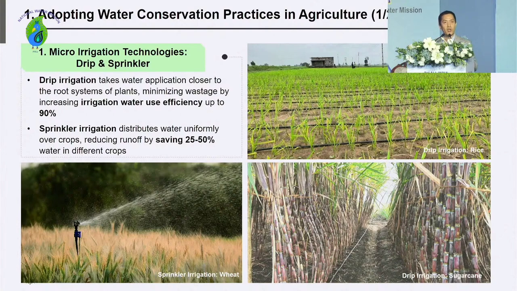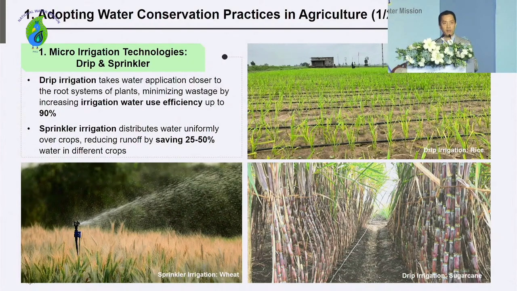So if we look at the potential area vis-a-vis the achievement to date, I think we still have a lot to go. Many of the states, as we can see in the presentations yesterday and today, are promoting micro irrigation in a big way, which is very encouraging. What we would like to request the states is that please take up micro irrigation in a big way.